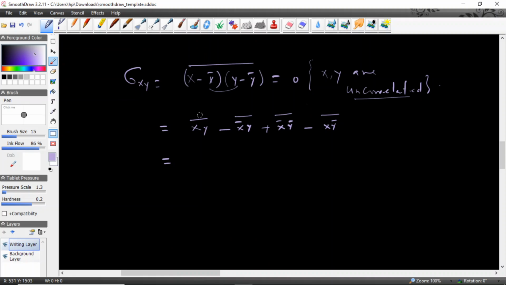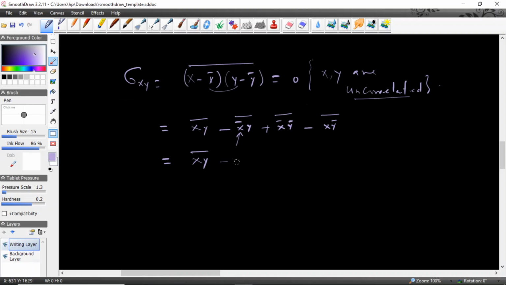And it can be written as x y bar minus, see, this x bar is basically the mean value of random variable x, so it is a constant. So you can take this outside the expected value.